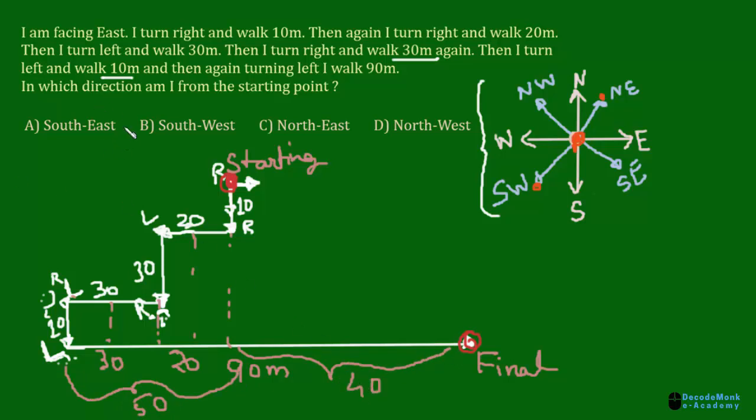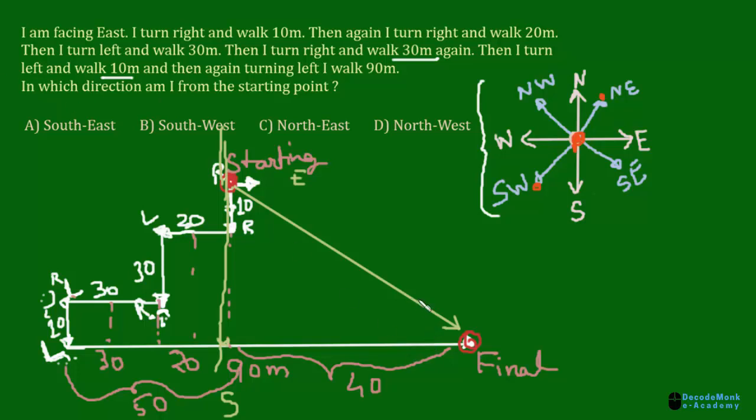And then from here the question is, in which direction am I from the starting point? So if this is starting point, then I am in which direction? This is the basic question. So this is the direction. You can see that this is east and this is south.